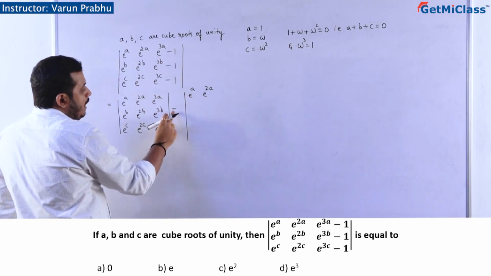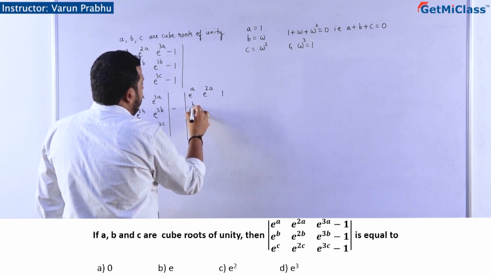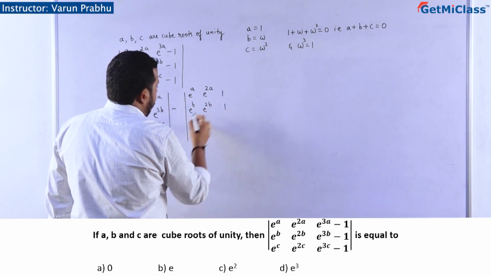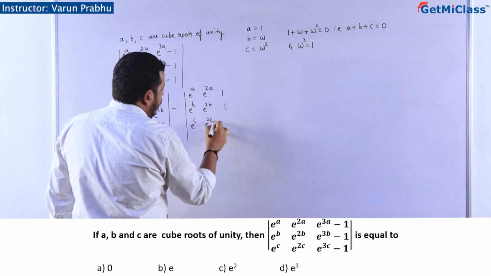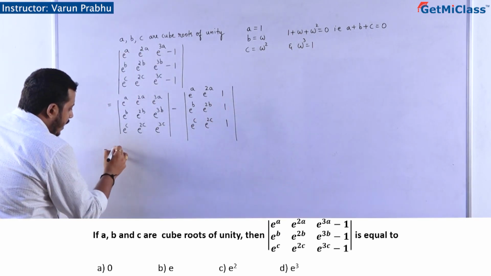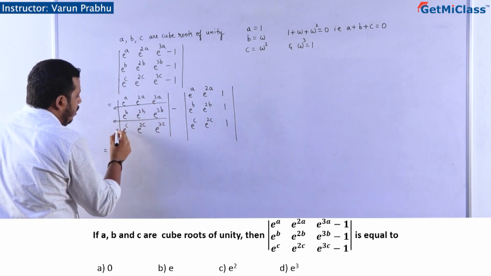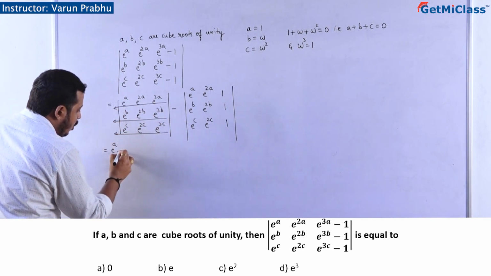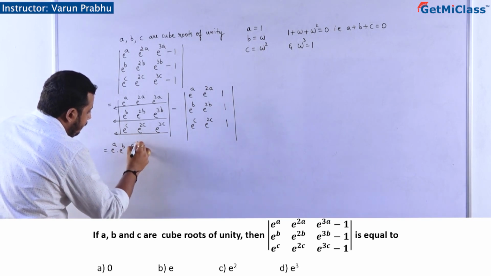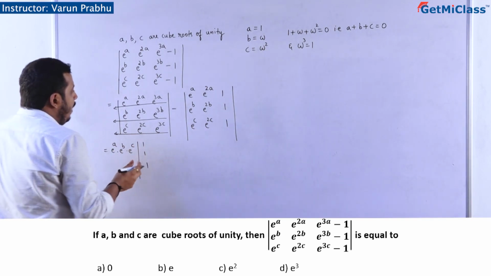So I can take out the minus sign here and write e power B, e power 2B and then 1, e power C, e power 2C and 1. Is it okay? Now you can take out e power A common from the first row, e power B common from the second row, and e power C common from the third row. So what do you get? 1, 1, 1, and then e power 2A.